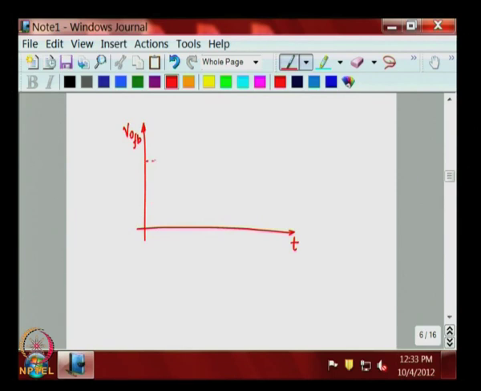After you switch on, V naught feedback is supposed to come to the V naught ref value.